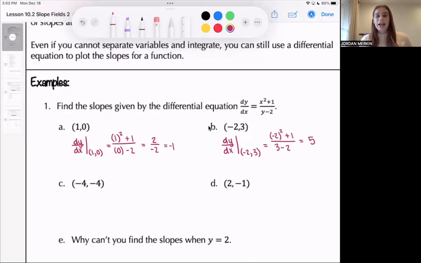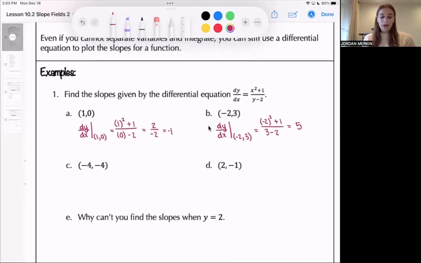So at the point (negative 2, 3), the slope is a positive slope, 5, and it is fairly steep, especially compared to the slope at the point (1, 0). Go ahead and pause here and try C, D, and E. When you're done, unpause and you can see the solution.